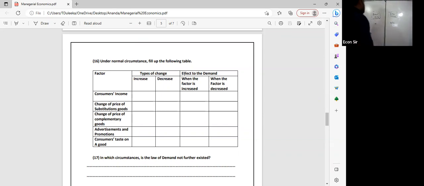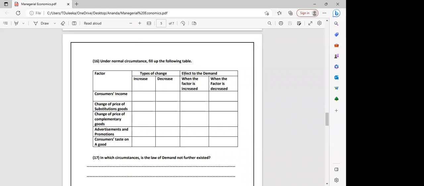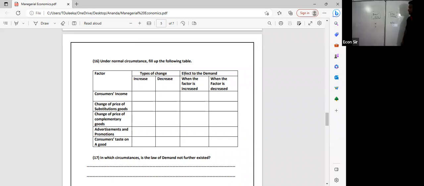When the price of a loaf of bread increases to 150, then what happens?